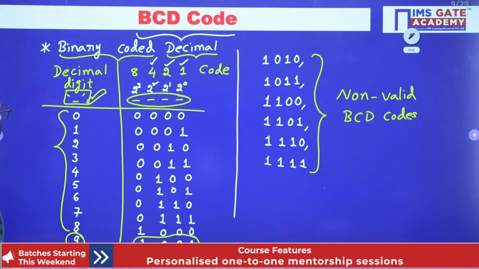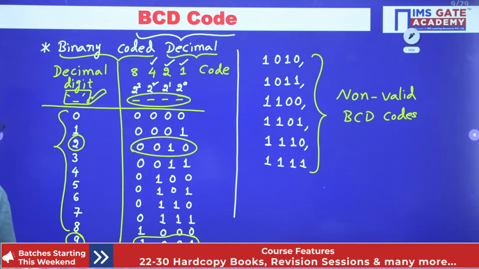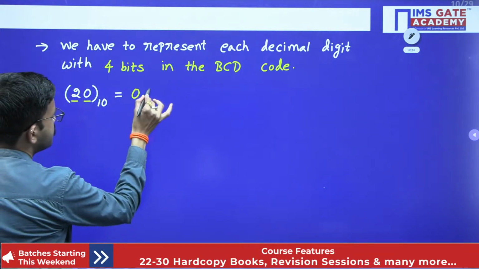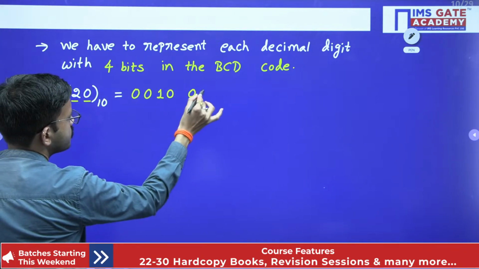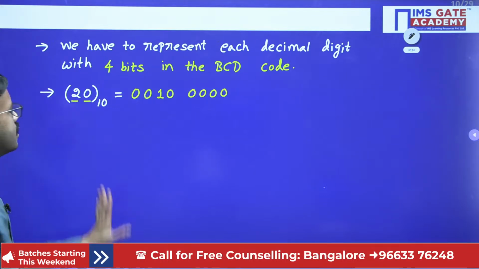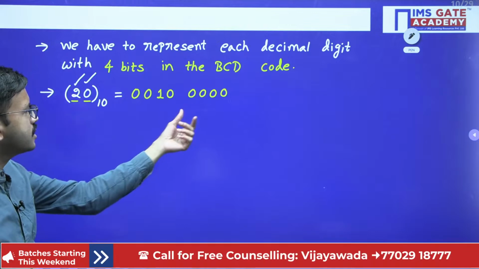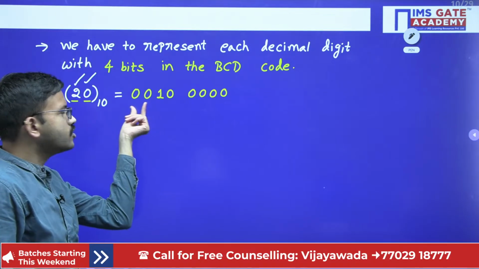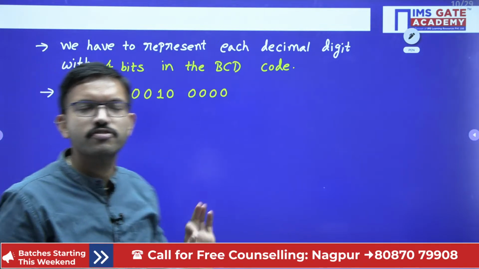Here you can observe 2 is nothing but 0010, and 0 is nothing but 4 zeros. After representing each decimal digit with 4 bits like this, on the leftmost side you have 2 zeros. In this case, you should not ignore these 2 zeros as insignificant.